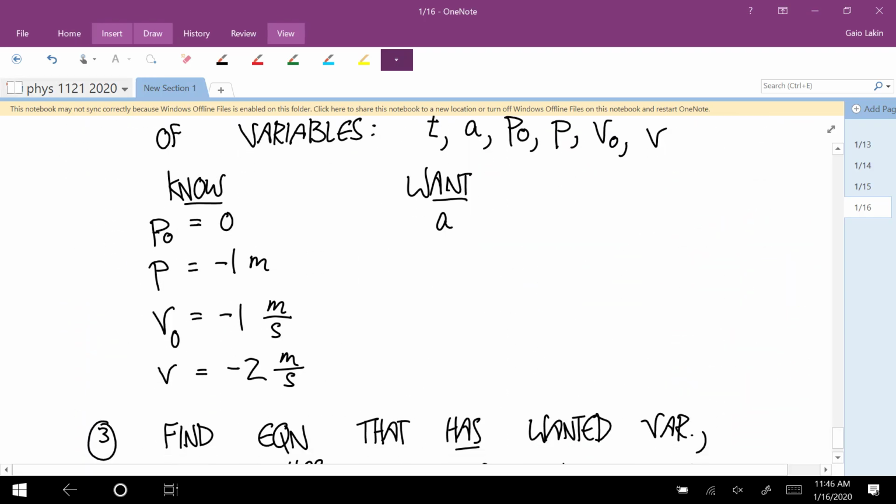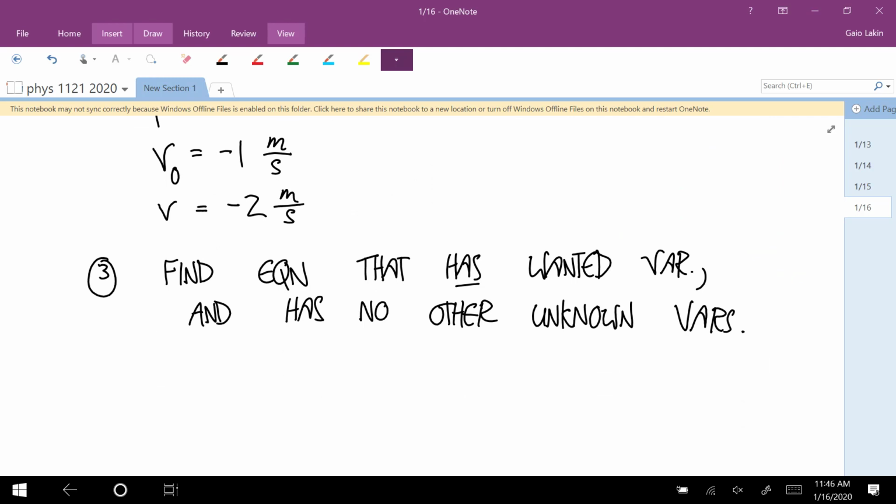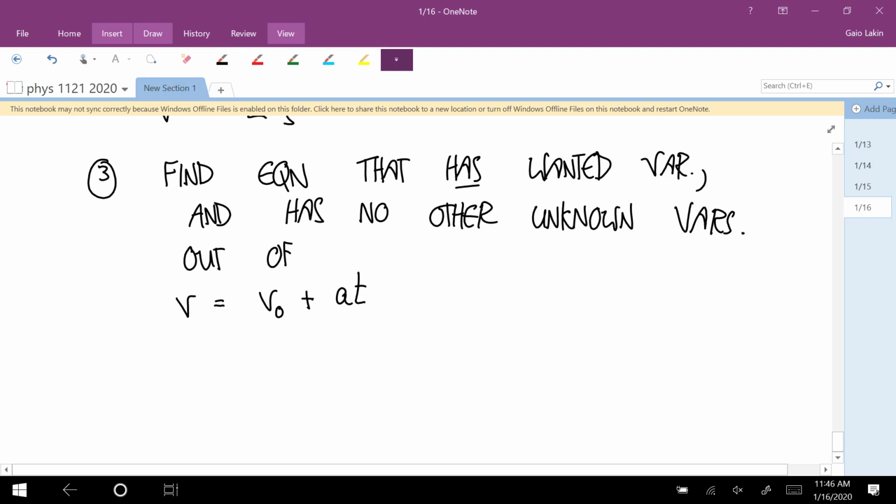Let me write these down here. So this is out of our three equations. V is equal to V0 plus AT. P is equal to P0 plus V0t plus 1/2 AT squared.